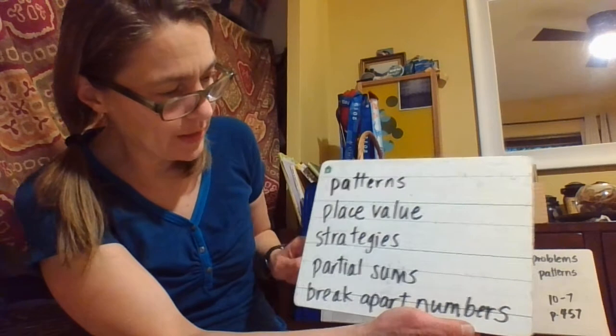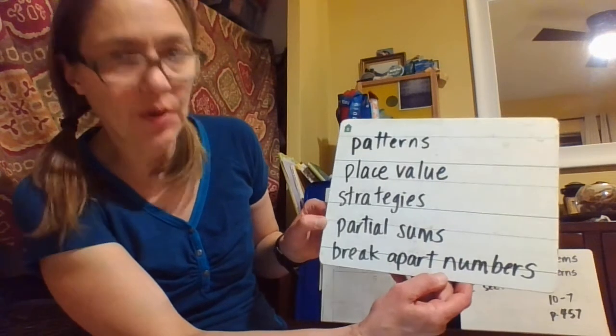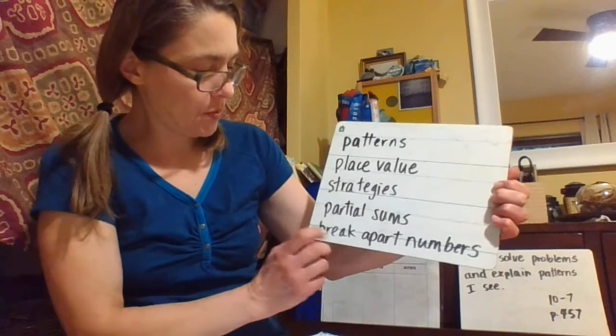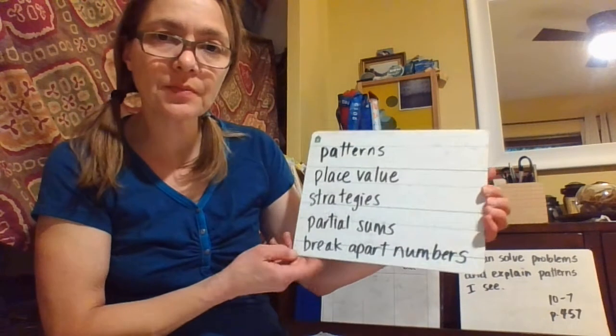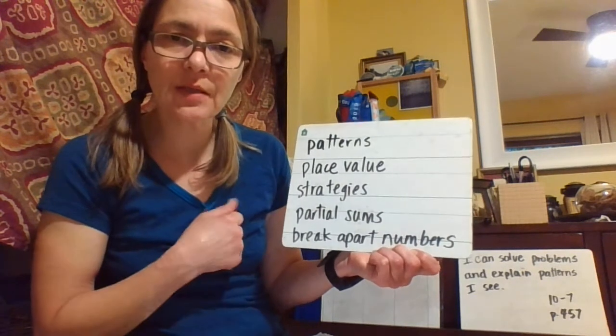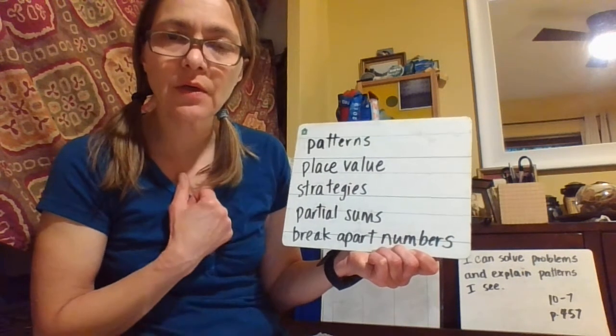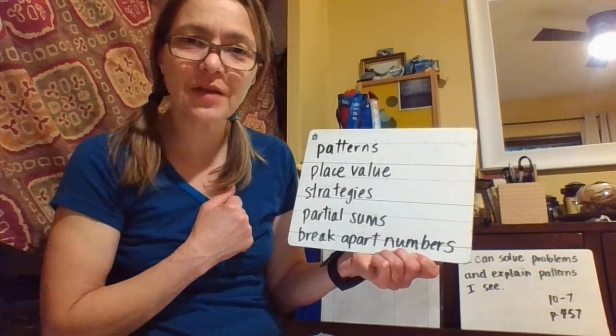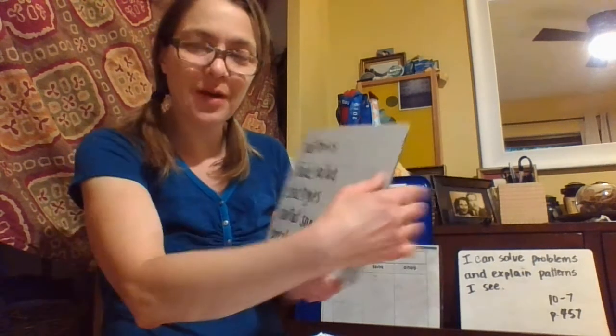And then strategies: we've been practicing partial sums, and we have also done a little bit of breaking apart numbers. And this goes without saying, you can use your base 10 blocks to model, and you can also draw an open number line to help you model the problems.